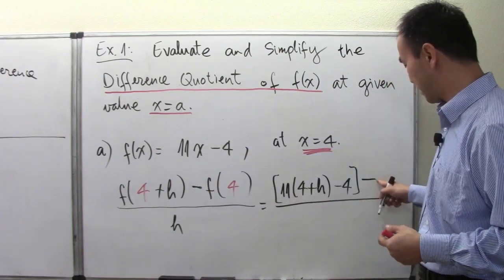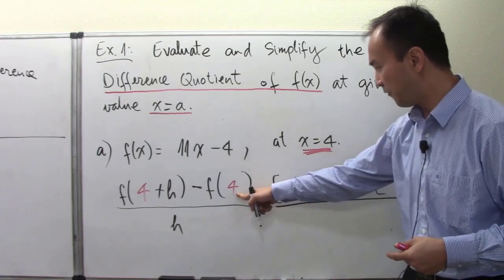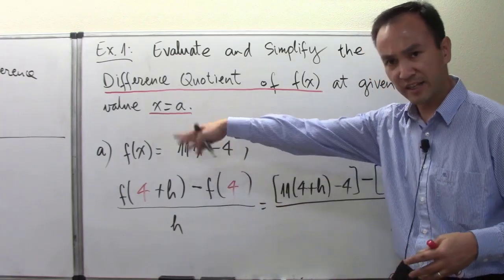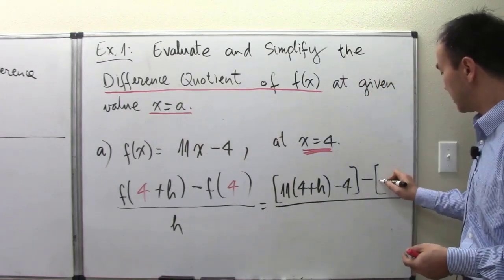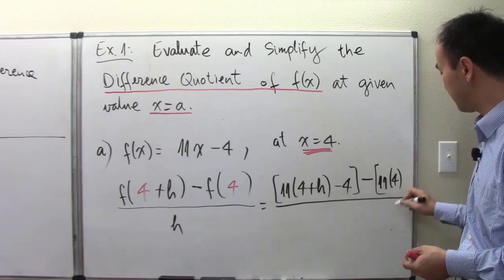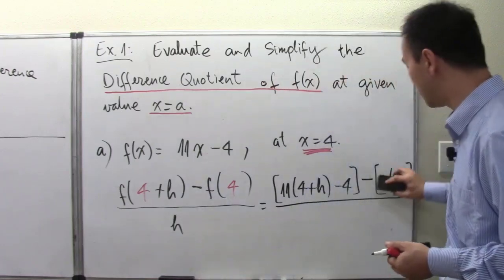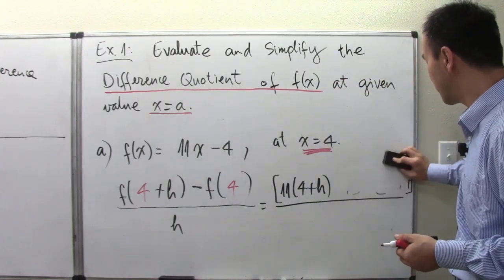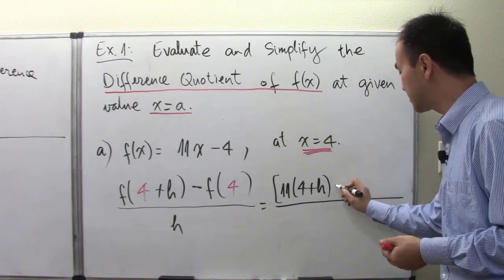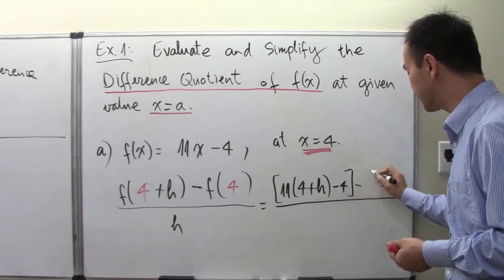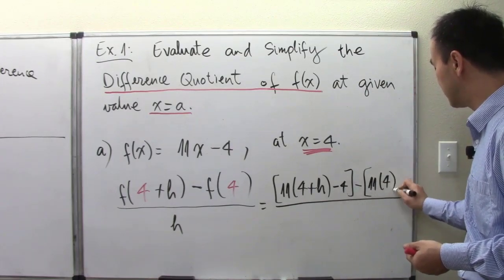Now we're going to follow along. The next group gives me 4 substituted into the rule here. I don't think I need scratch work for this. I can write directly the work here. It's going to give me 11 times 4 as the input and minus 4. Let me write it a little smaller so that it won't be too squeezy. Then minus, and now I'm looking at 11 times 4 minus 4.